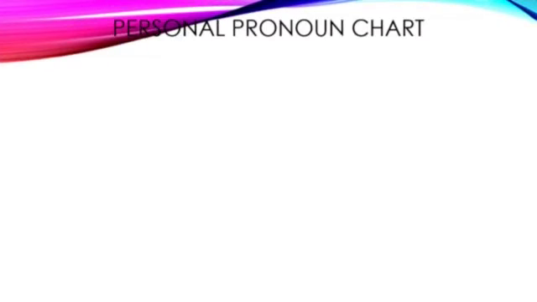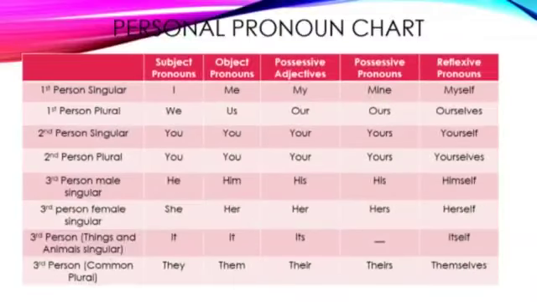Let us have a look at the personal pronoun chart. So students, as you can see the chart on your screens, here I have differentiated between all the persons and also between possessive adjectives as well as pronouns. If I talk about first person singular, here I is used as subjective case, whereas me is used as objective case.